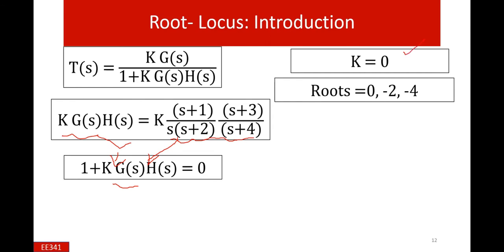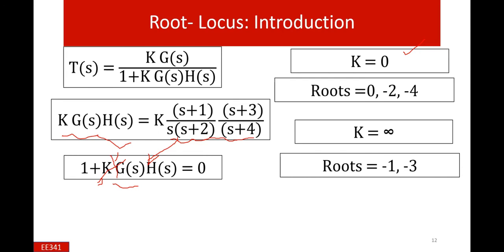Similarly, if we take K equal to infinity, maybe some maximum value, then taking the common factor, and because K is not equal to 0, if we manipulate the relation, we find that there are two roots existing at -1 and -3, and this is the end point of the root locus.